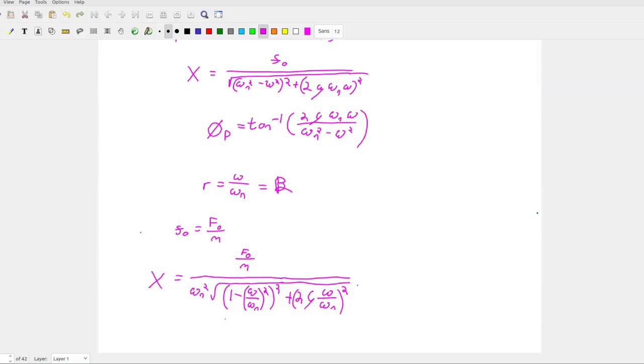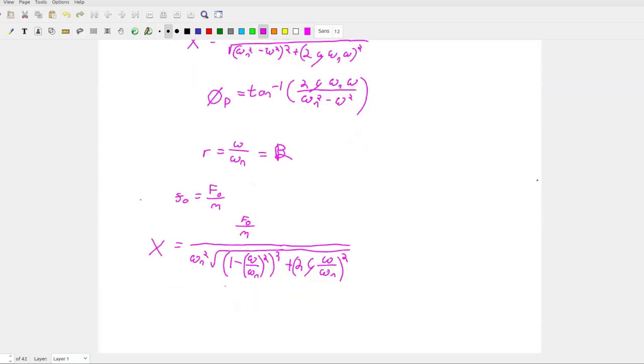And again, we're looking to build up our ratio in terms of R. So we can rewrite this as F naught over m omega n squared, divided by the square root of 1 minus r squared, that whole term squared, plus 2 zeta r, and that whole term squared.